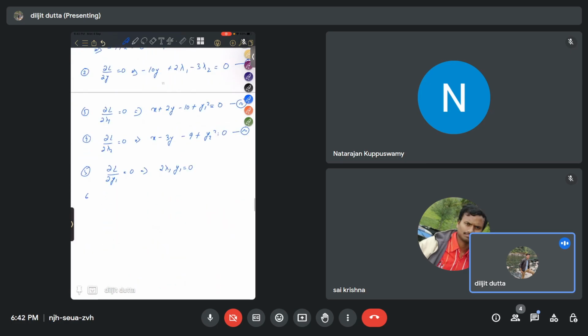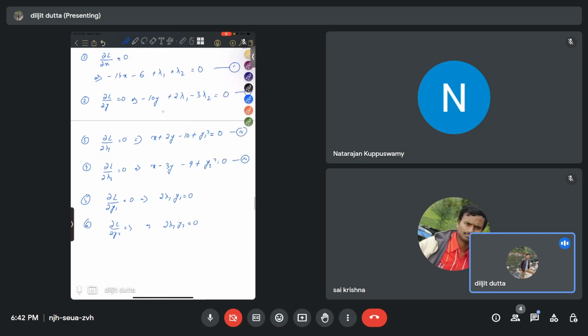And the sixth condition is del L by del y2 is equal to 0. So this is one thing. So how do we proceed now?